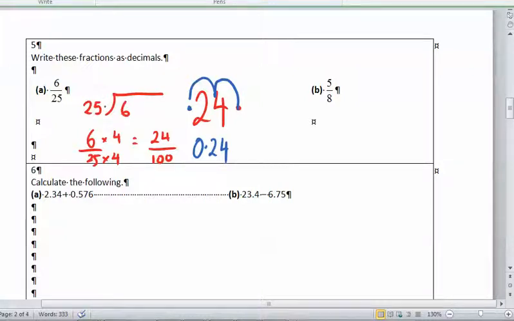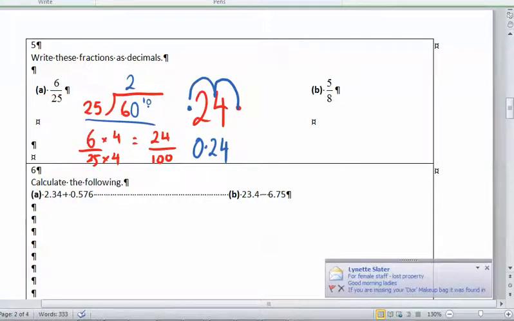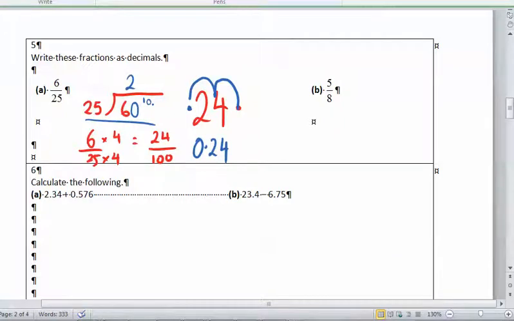Can you explain this to me, Mr. Buckley? 6 divided by 25, what do I do here if I was to do it this way? 0 after the 6, twice, remainder 10. Then I guess you could put the 0 here, couldn't you?